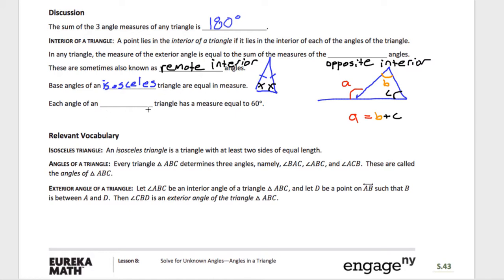And each angle of an equilateral triangle has measure 60. So if all three of these are equal, then all of these are 60 degrees. Each of the yellow is 60 degrees.